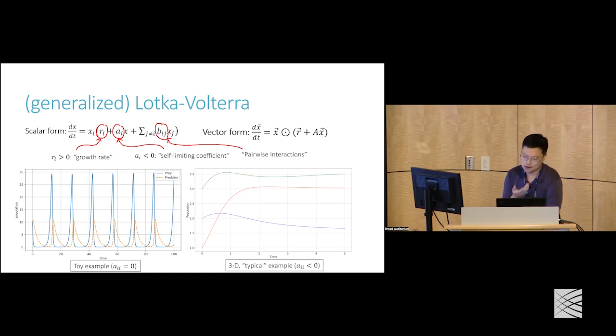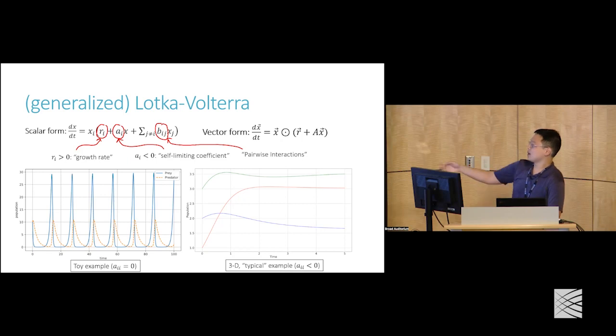When you first study Lotka-Volterra, you might first work with a toy example like the one on the left-hand side, a classic predator-prey system. This is somewhat unnatural because you have the cyclic behavior, but that's not why it's unnatural. It's unnatural because you often have to assume that the diagonal coefficients of the matrix are zero.